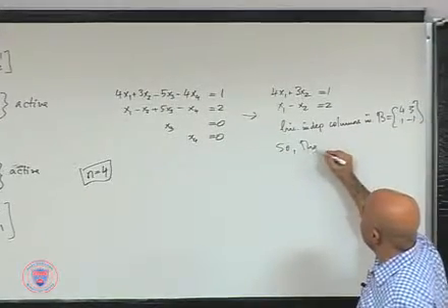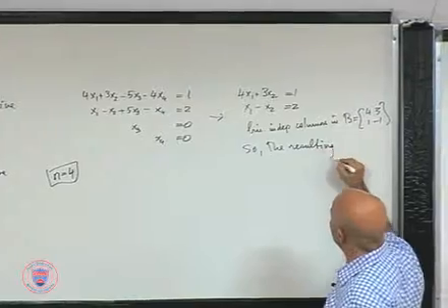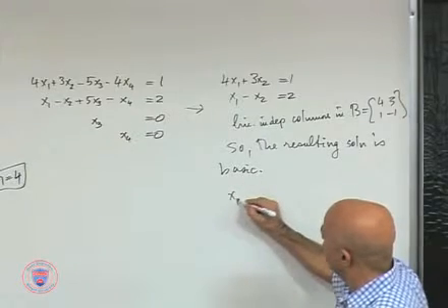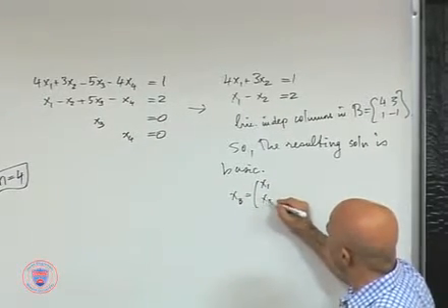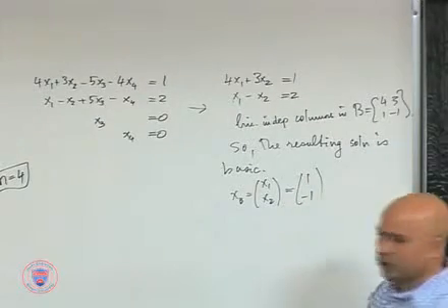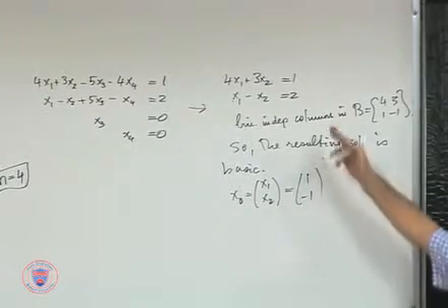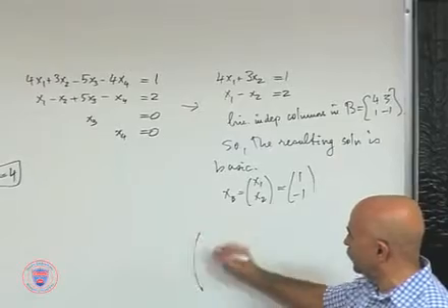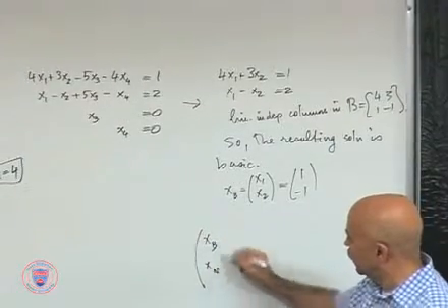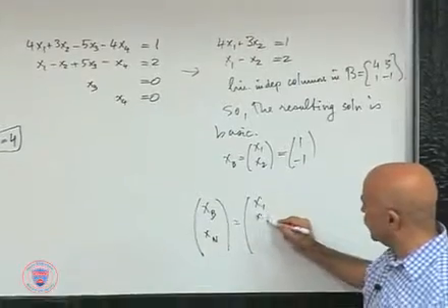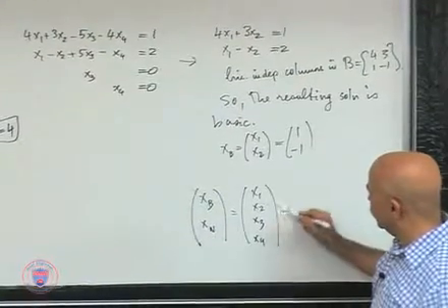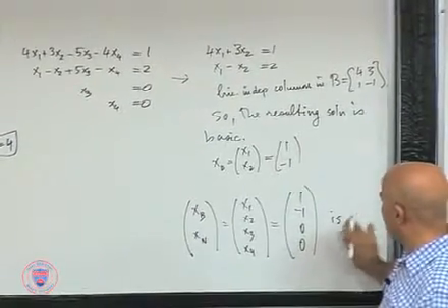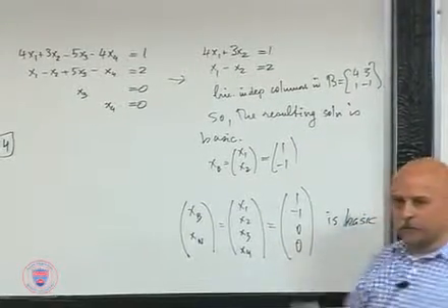So the resulting solution is basic. What is the resulting solution? xB, x1, x2 equals 1 and minus 1. That's the resulting solution for this part. And for the actual vector x1, x2, x3, x4, the solution is 1, minus 1, 0, 0. It is basic for the original system, for the 4-dimensional system.